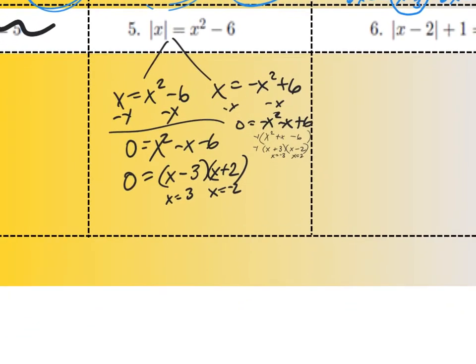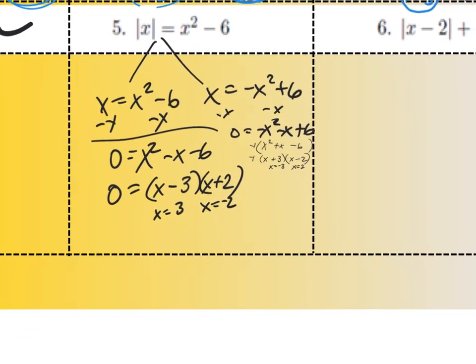Would you agree it's a V shape for the absolute value? Absolute value looks like this. The other one's a quadratic. Is there any way I can draw that quadratic so this is going to have 4 intersection points?